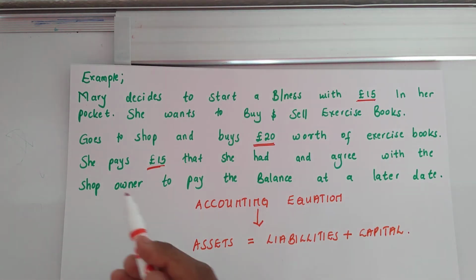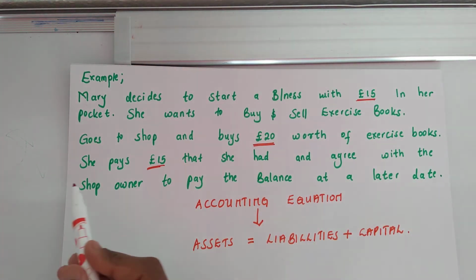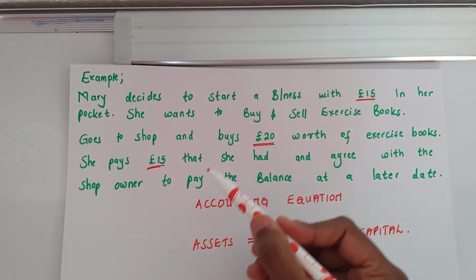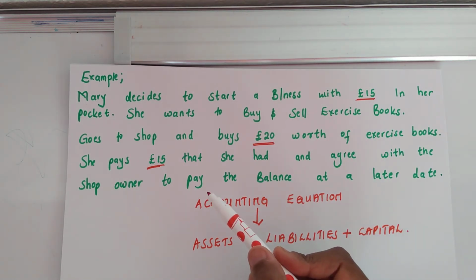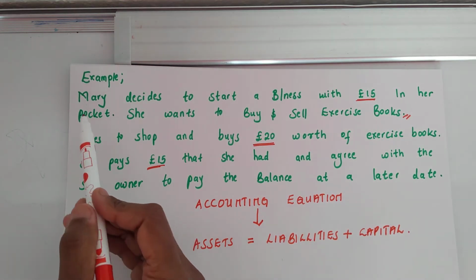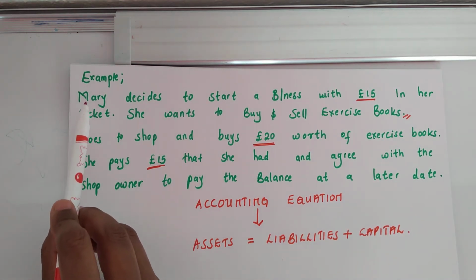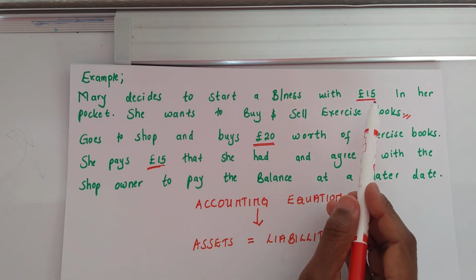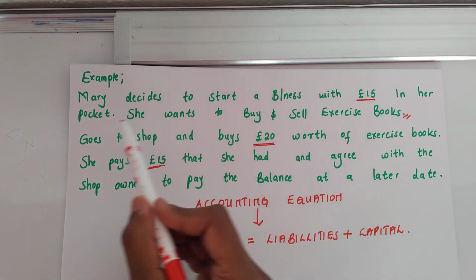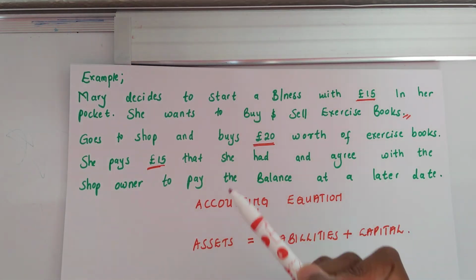Now I will try to illustrate the first paragraph of the exercise, then we proceed further. Let's illustrate the beginning, where Mary only has 15 pounds and hasn't bought anything yet, using the accounting equation.